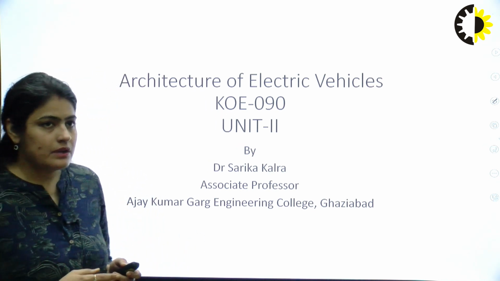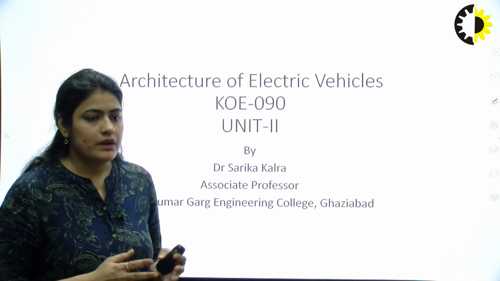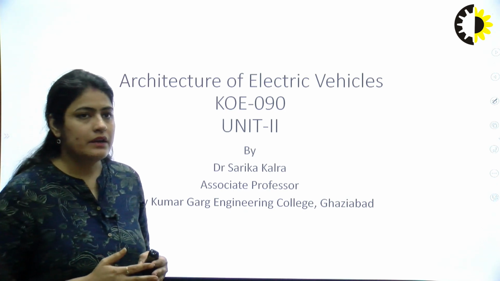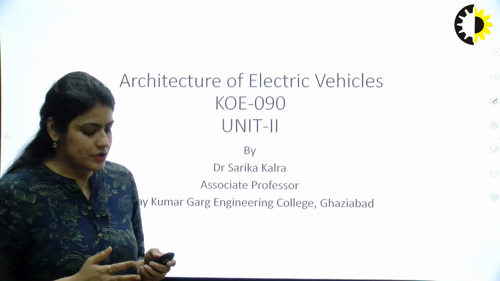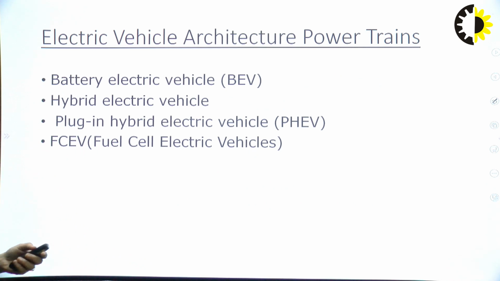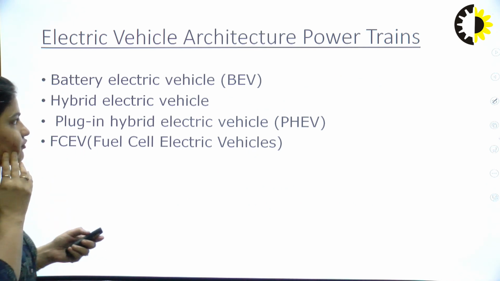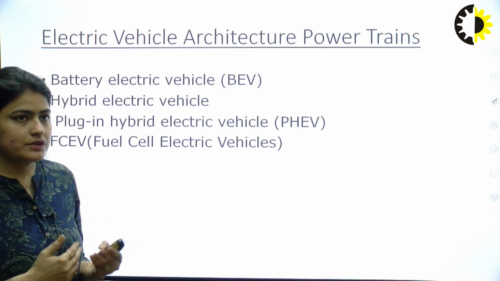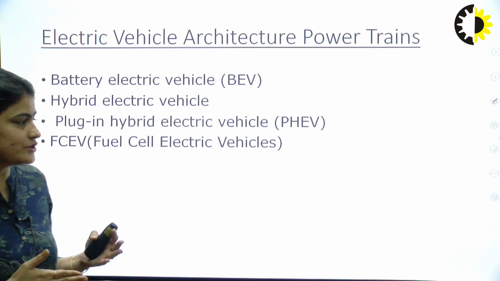So today we see the architecture of electric vehicle, what kind of vehicles are in the market right now. There are four types of EV powertrains. First is the battery operated EV, that is BEV.